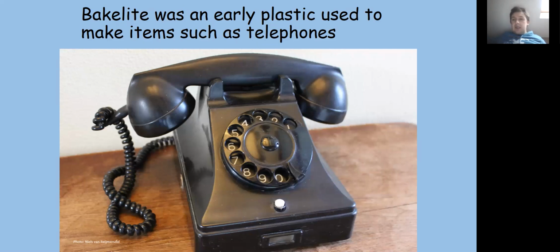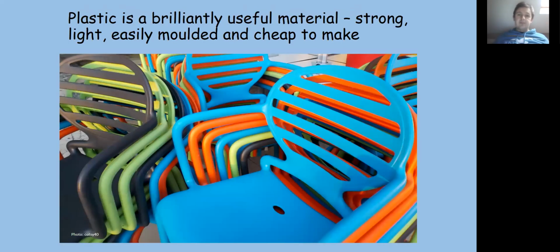And then about 100 years ago, people started finding ways to make it really cheap and easy. So it really took off then. But it's a brilliant material to use. It's strong, it's light, you can mold it easily, you can make it into different shapes. It's pretty cheap to make.